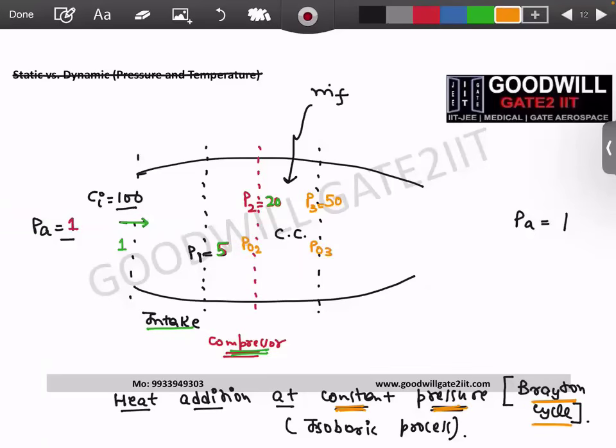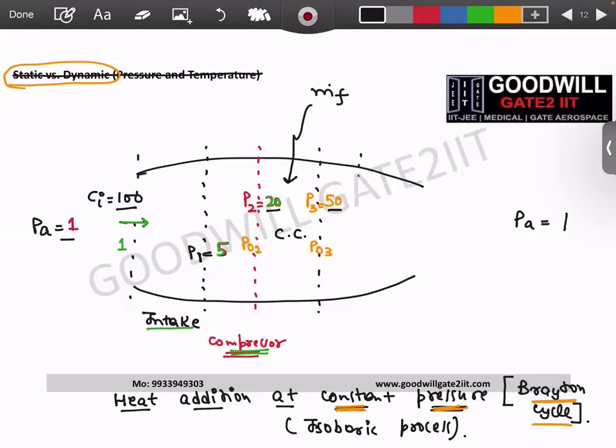If you see my actual heading, without the doubt, I would have explained the difference between static and dynamic properties and what an isentropic process is. But because Felicia asked this, it's a very good question, so I want to explain. Please understand this pressure 20 to 50 is increasing because you are adding heat. And heat increases temperature and temperature increases pressure. But overall, you have 50.